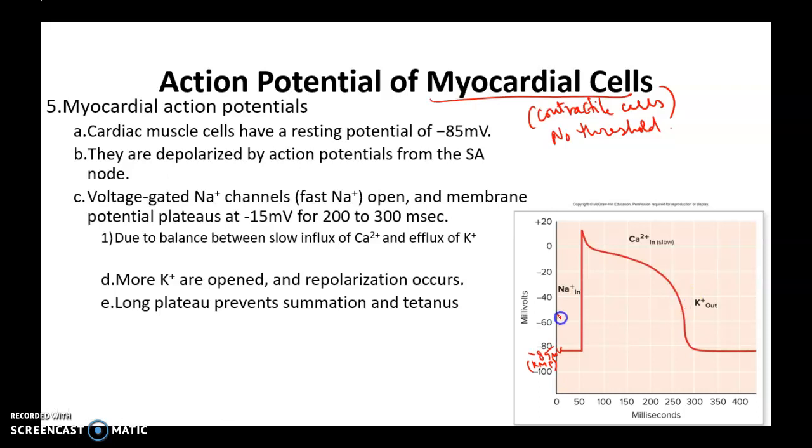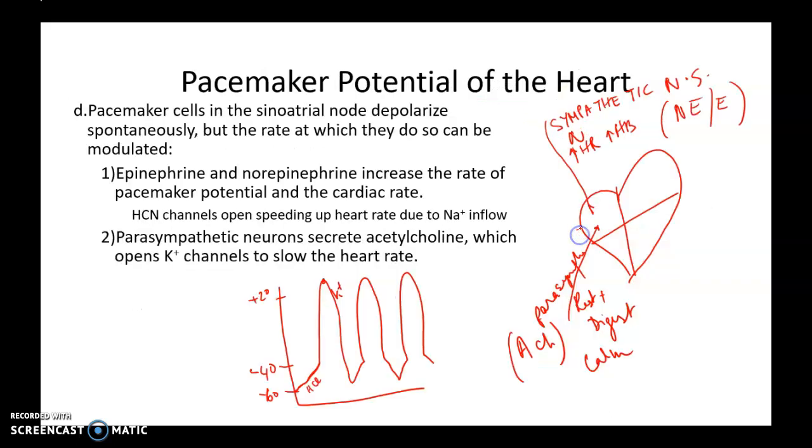As soon as the action potential reaches the myocardial cells, what happens? Voltage-gated sodium channels open, and sodium comes in. As more and more sodium rushes in, obviously there is depolarization because sodium brings in positive charge, and the membrane potential reaches about positive 20.